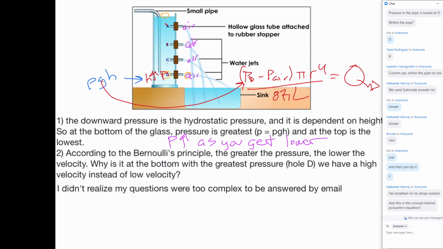So in essence, yeah, we are kind of using Bernoulli's principle to say that the pressure is highest here because of rho GH. But I'm just going to take it as plain old hydrostatic pressure and say, I don't care so much about Bernoulli's except for pipes, pressure against the walls of the pipe. So do you read how fast this water comes out as a result of how much pressure against the walls or how much pressure from one end to the other?